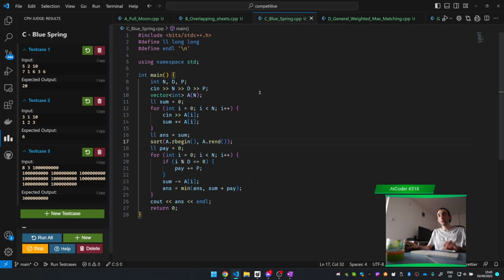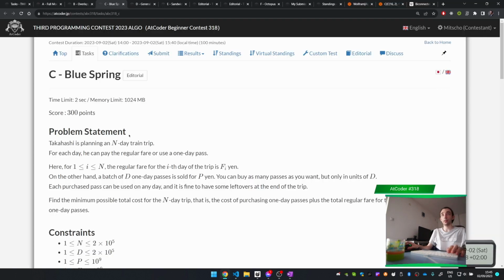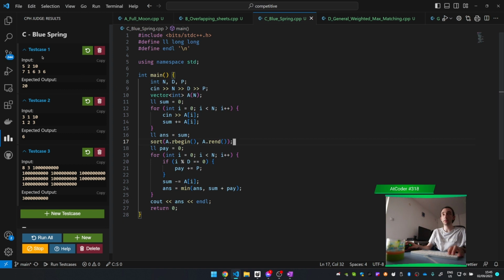C was straightforward, just a mathematical problem. You were given these costs, on this day this trip costs F_i, but then you can buy a batch of D passes, which is sold for P at always the same price. And we want to somehow balance this out.